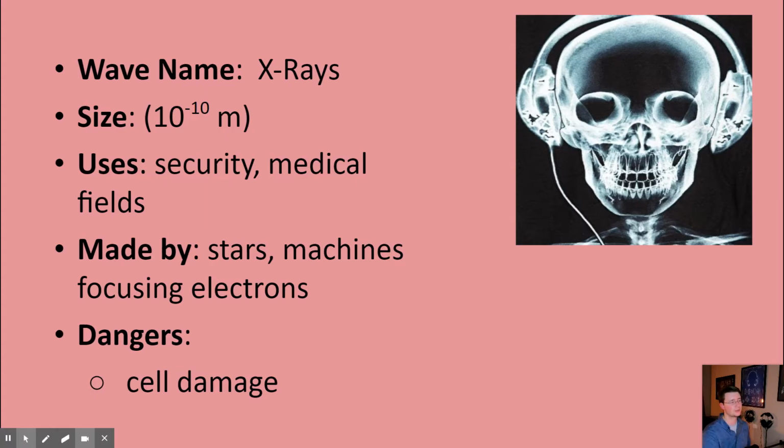Now, how an x-ray actually works is, as you see, that wavelength is tiny. These waves are so small, they pass straight through your skin, but they can't effectively pass through bone. That's why that's the only thing that's left, because your bone, thankfully, is a lot denser and more rigid than the rest of your body. So that's what's left, and that allows us to find gaps and breaks.